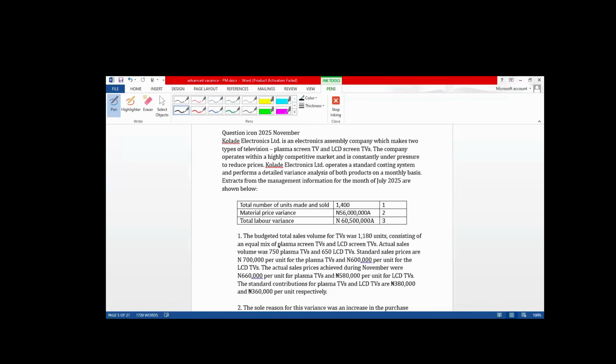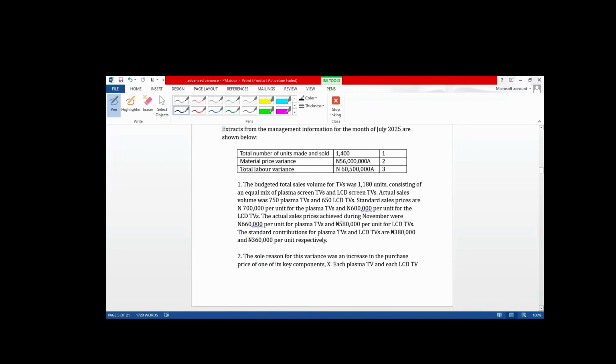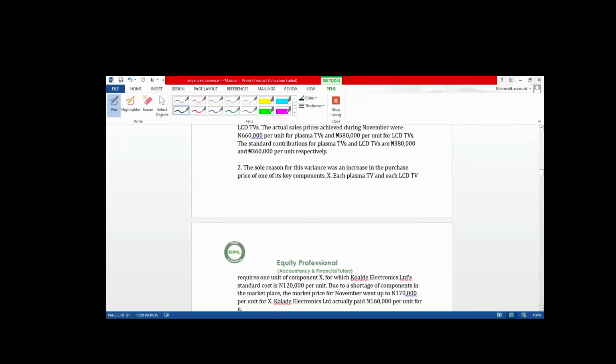Note number 2. Let me scroll up. The sole reason for the variance was an increase in the purchase price of one of its key components. Let's take that again.